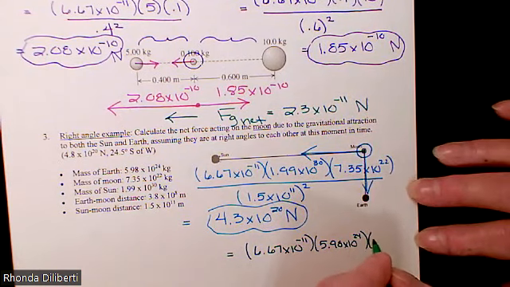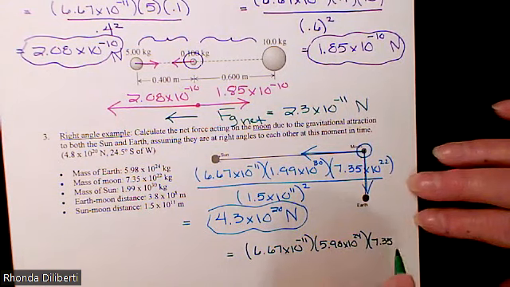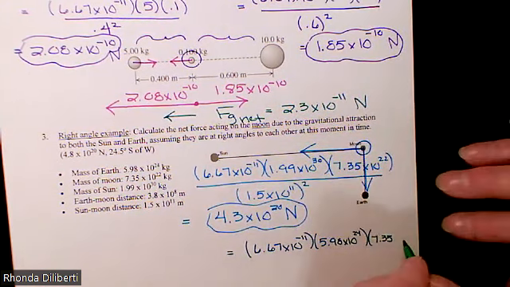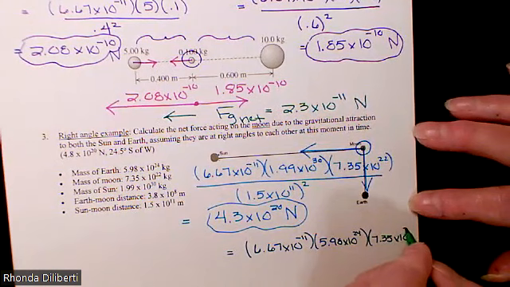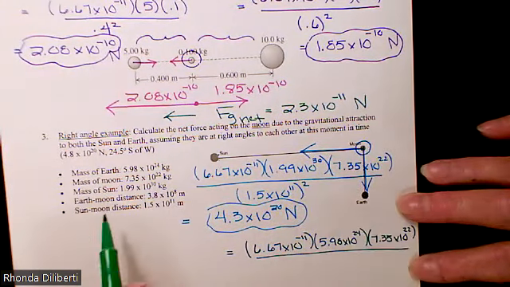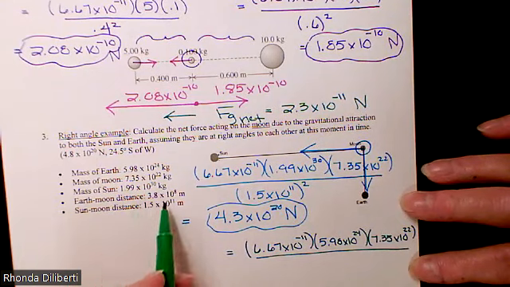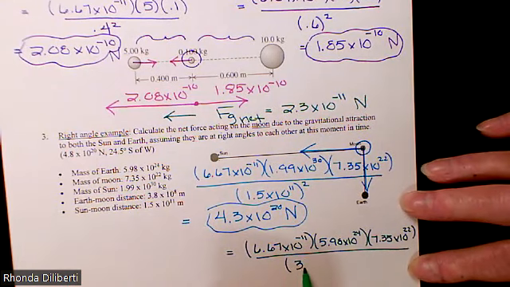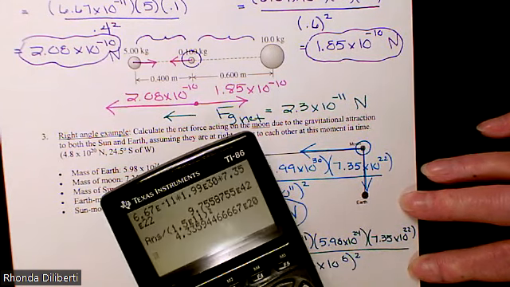And the moon is 7.35 times 10 to the 22nd. And on average, if I turn them into dots, the average distance is 3.8 times 10 to the 8th. And then I got to square that.